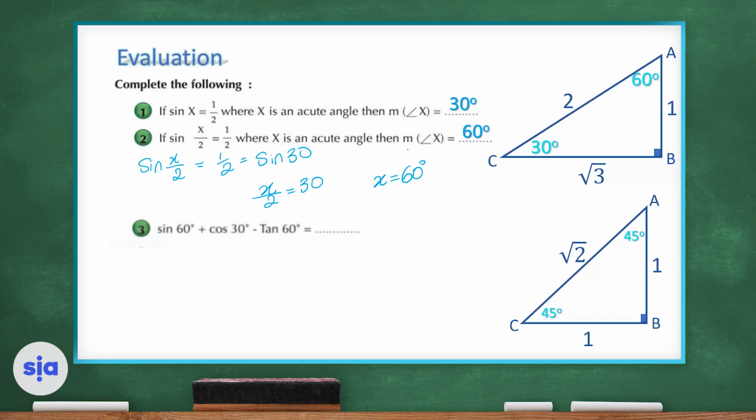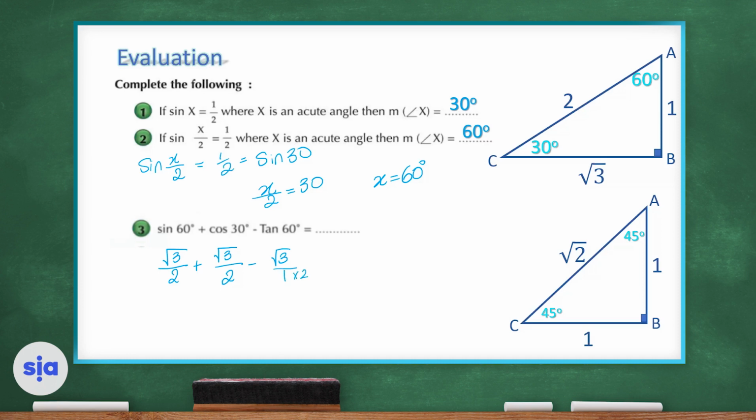For question 3, sine 60, that is square root 3 over 2, plus cosine 30, that is also square root 3 over 2, minus tan 60, which is square root 3, equals what? Here, in order to add and subtract fractions, they must have the same denominator.